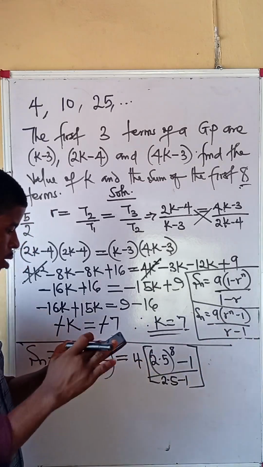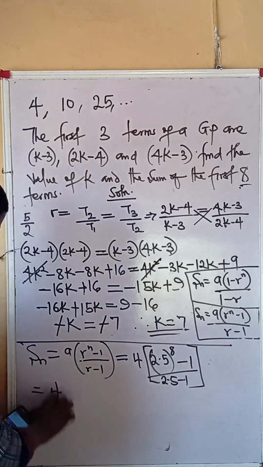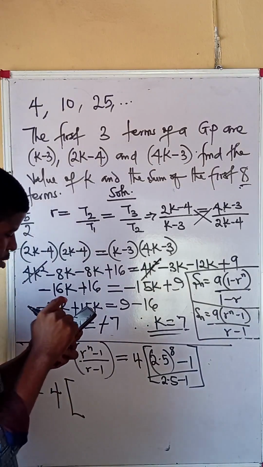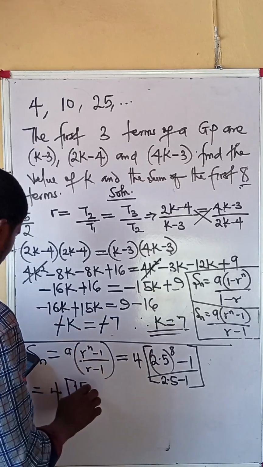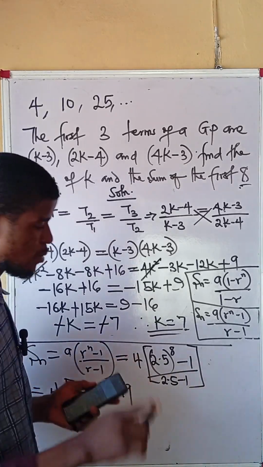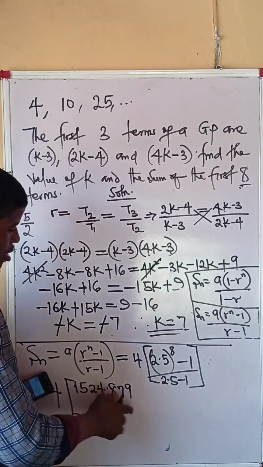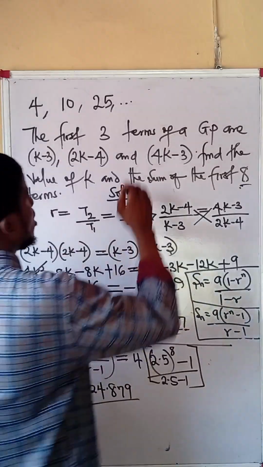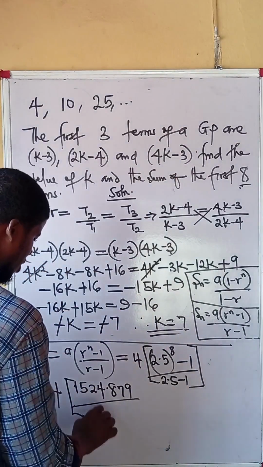That's 1524.879 to 3 decimal places. So everything here is equal to this, to 3 decimal places, divided by 2.5 minus 1. That should be 1.5, right? 2.5 minus 1, yes, 1.5.